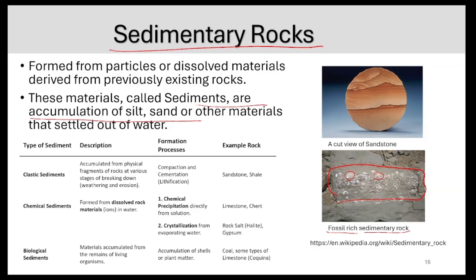Clastic sedimentary rocks are made of fragments or clasts of weathered rock, basically because of weathering and erosion.